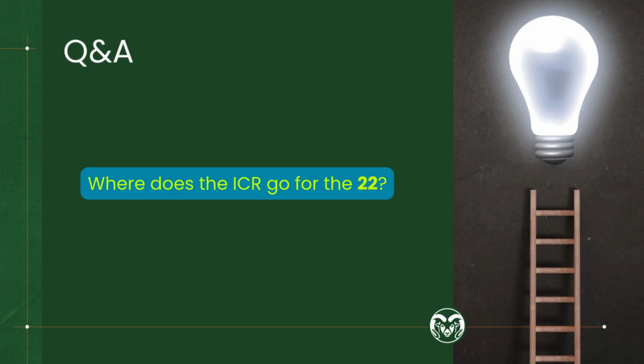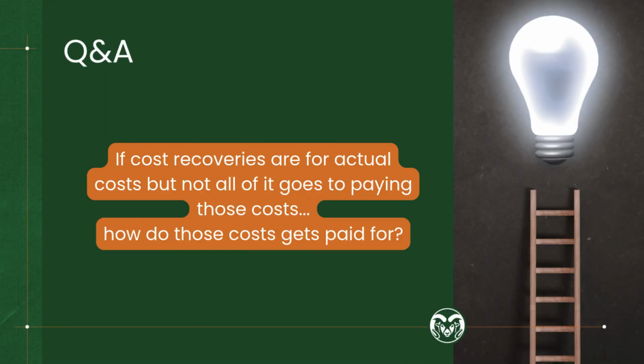Thank you. If cost recoveries are for actual costs, but not all of it goes back to paying those costs, how do we pay for those costs? 13 funds, tuition. I mean, the university has limited sources of income, right?